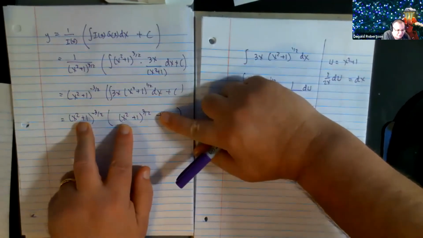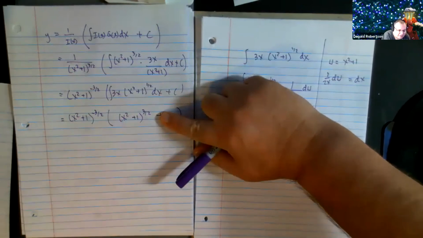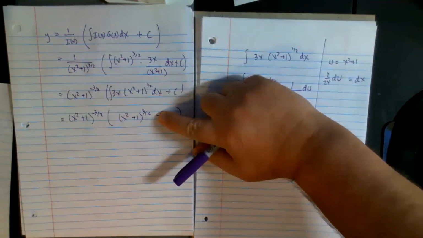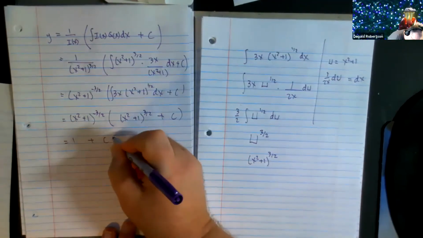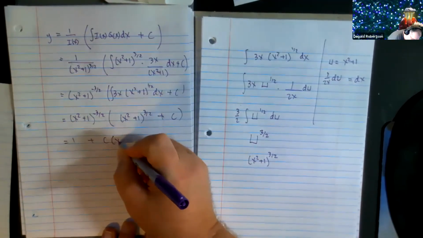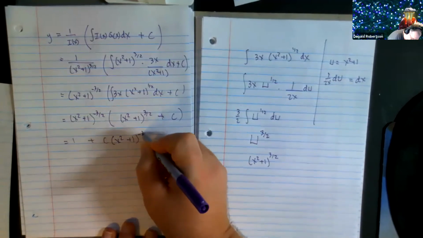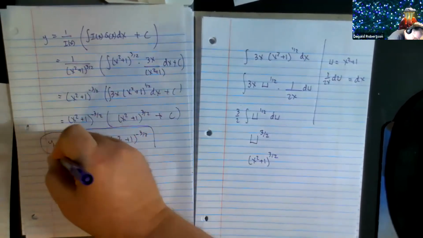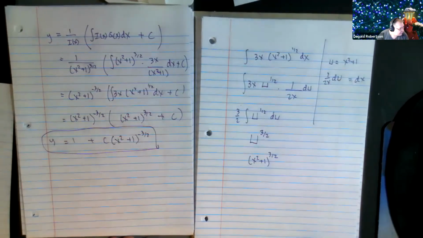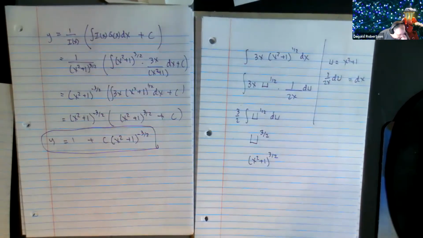What do they get when you multiply them together? Just 1, right? And then the other one's not particularly nice, but okay, so far so good.